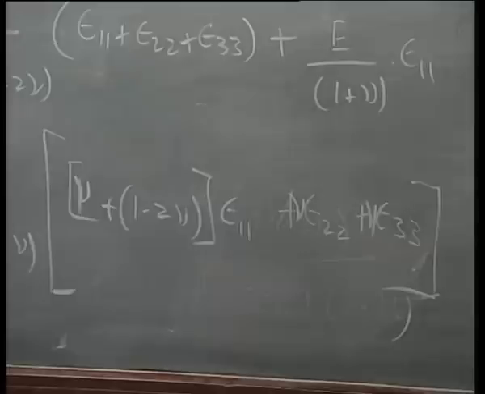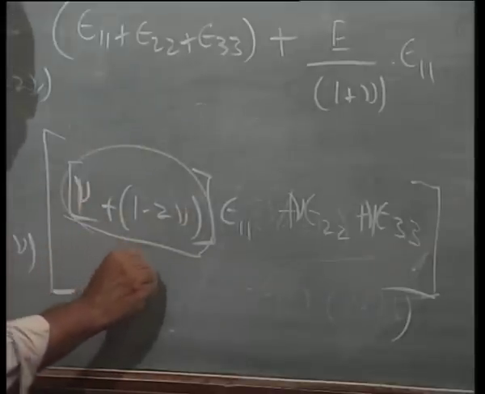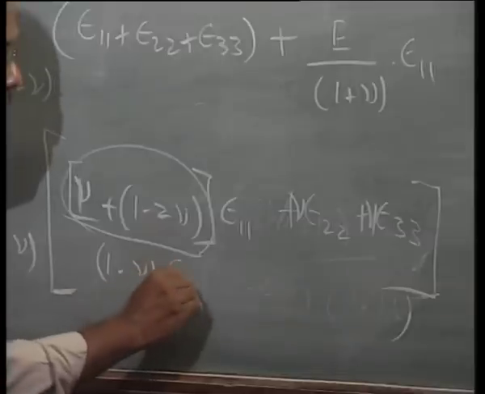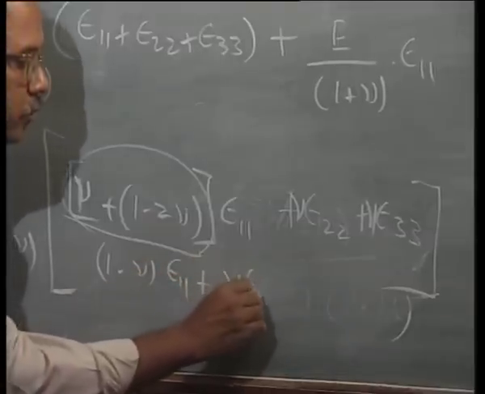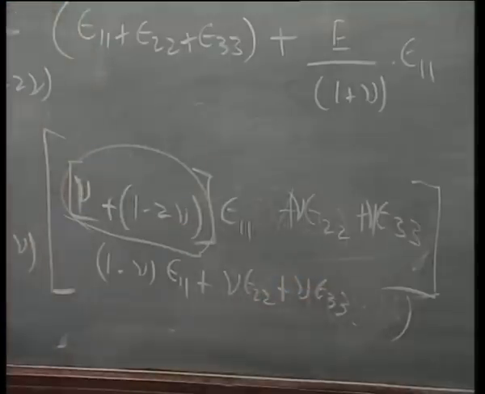So the whole thing becomes 1 minus nu into epsilon 11 plus nu epsilon 22 plus nu epsilon 33. Right? Is that clear? I know the expressions are big, but I think it is very easy to derive. There is nothing much, a simple manipulation.